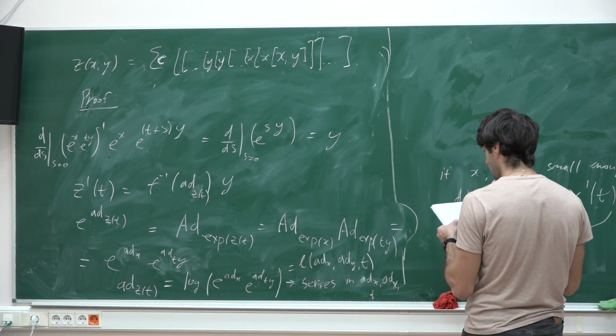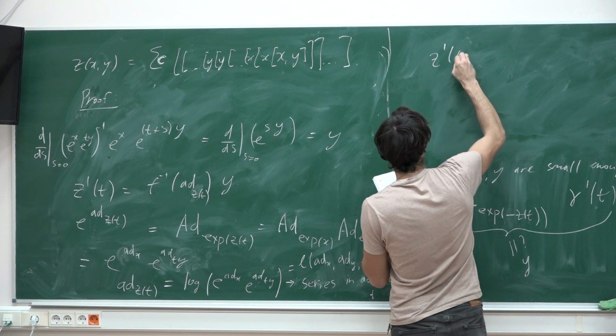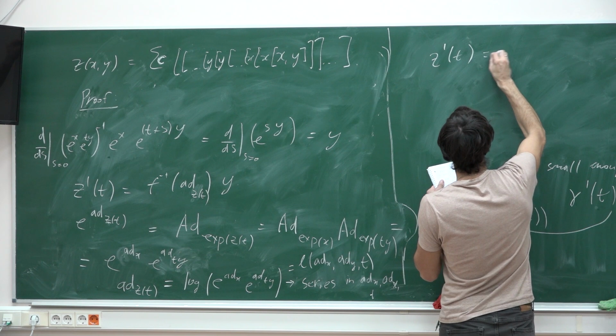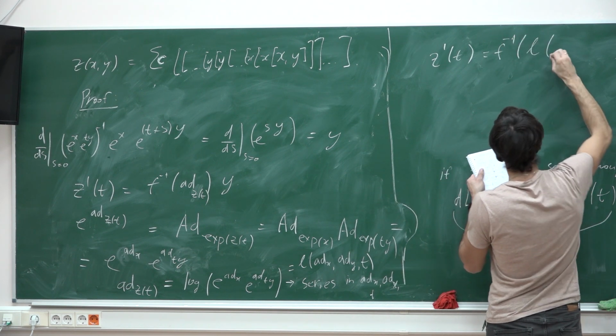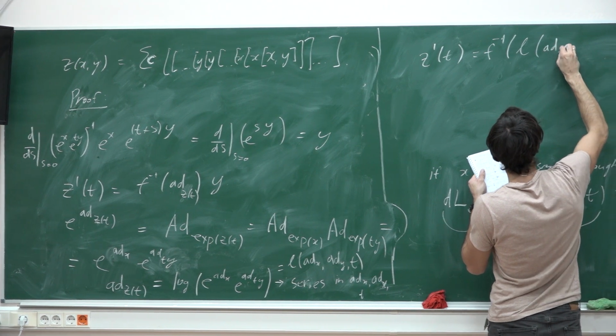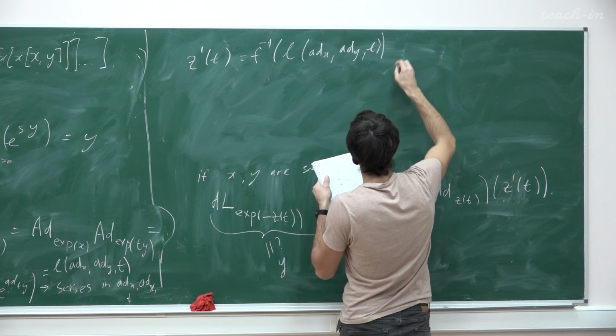So what happens now is that I have z prime of t is f inverse. This is a composition of series, applied to y.